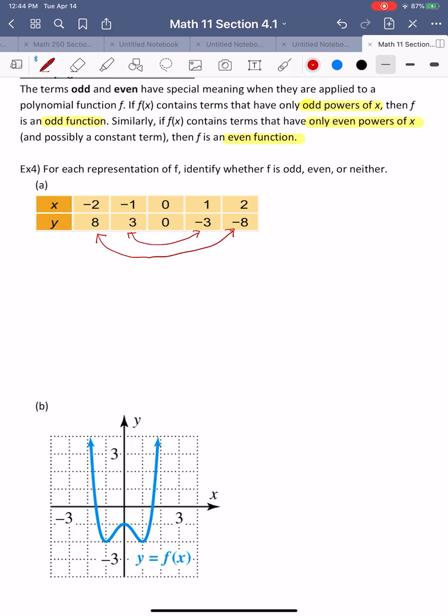Because of that, this is an odd function. For the number 2, the graph is symmetric about the y-axis, as you notice here. Even though x has a different sign, y always comes out the same number. Did you see it? So we call these even functions because they are symmetric with respect to the y-axis.